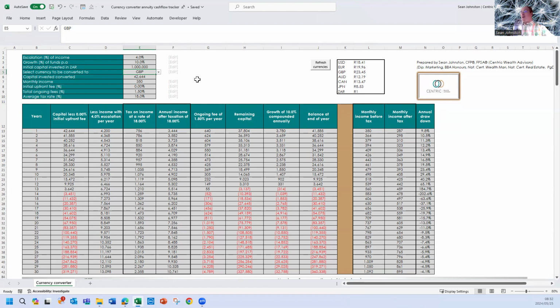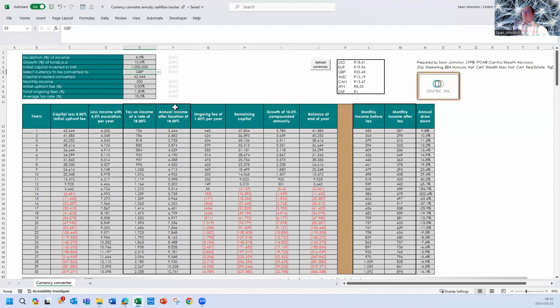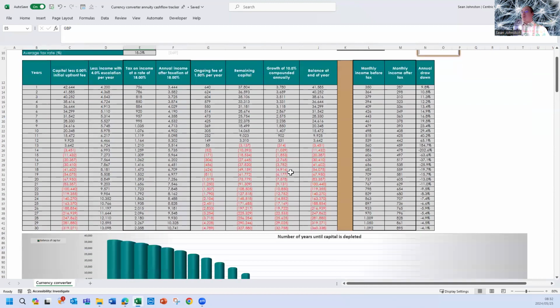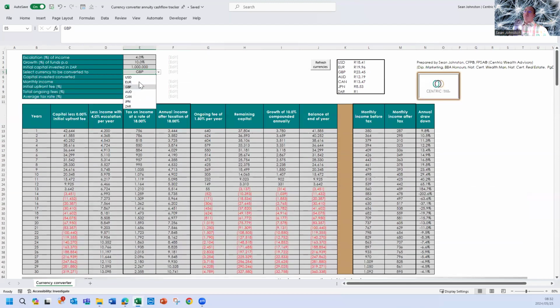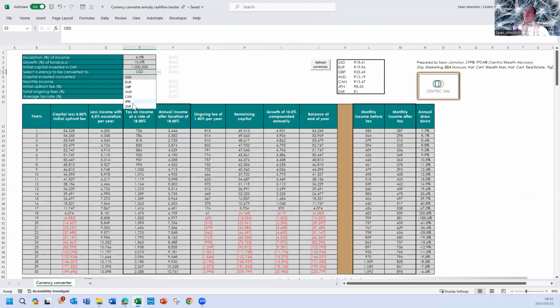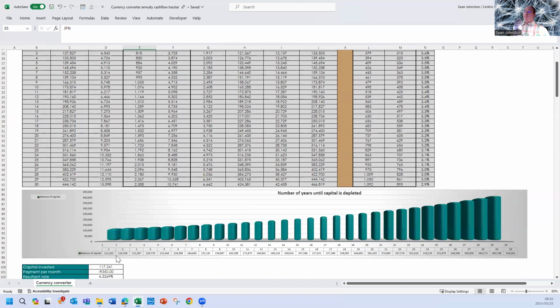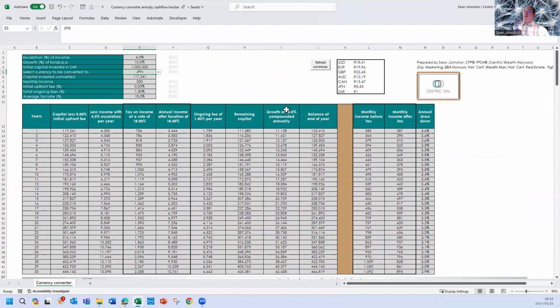But the point I'm getting at is you can just see here, if you were a British person and you took R1 million and you converted it into pounds, you start drawing that from the UK, your money would last 12 years. Of course, if it's in dollars, a bit longer. And of course, if you were in Japan, it would actually never run out because it's 8 Rand 53 to the yen.